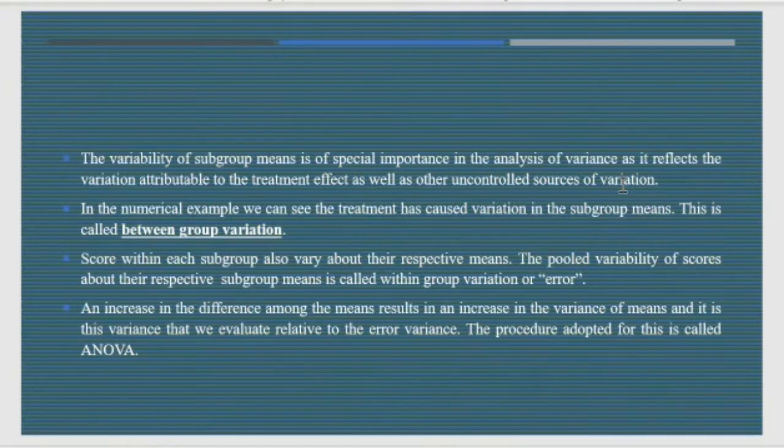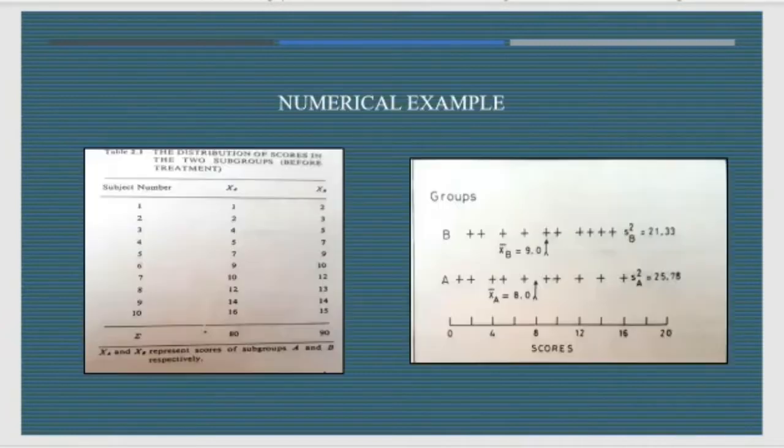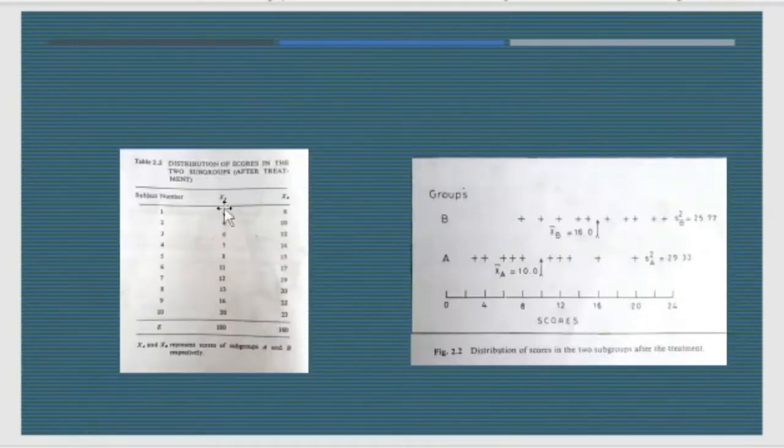So variances, they are important. Now, in this example, we want to see if that particular treatment has any effect on the group. The treatment causes some variation in the mean, that is called between group variation. Before the treatment, for variable A, the mean was 80, and after the treatment, the mean is 100.